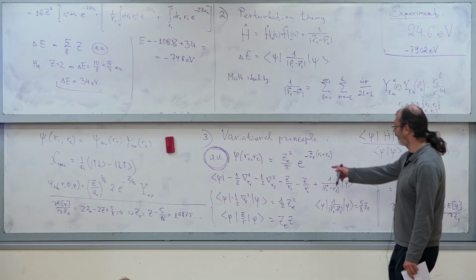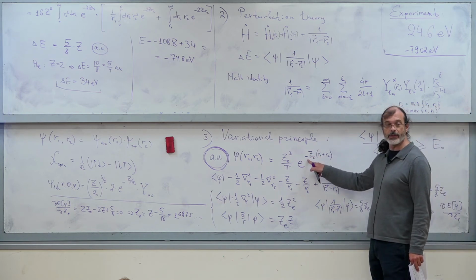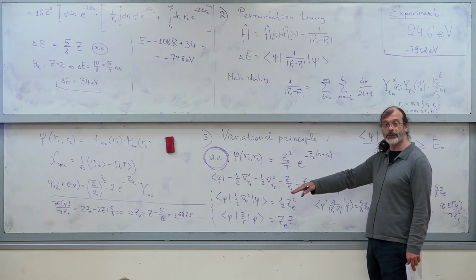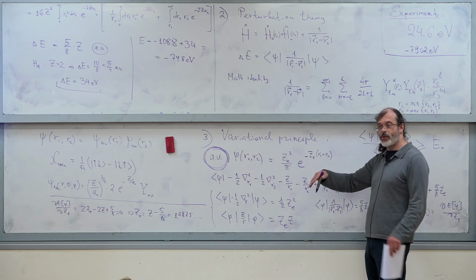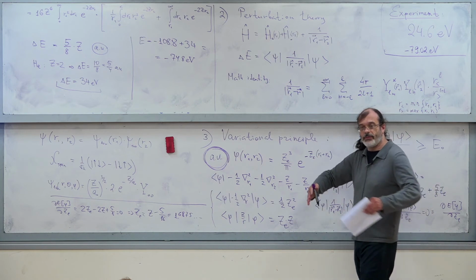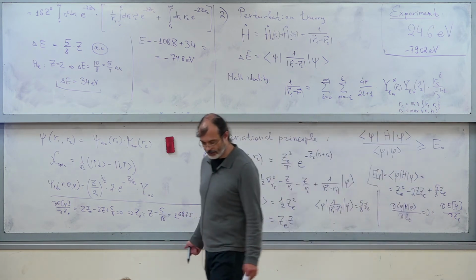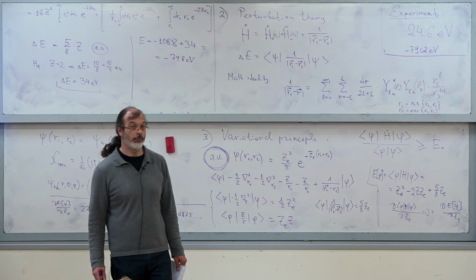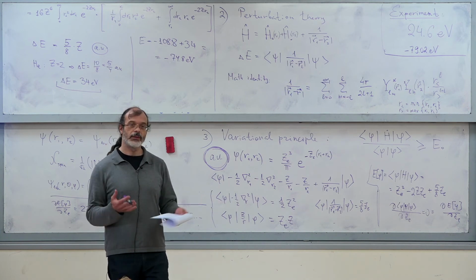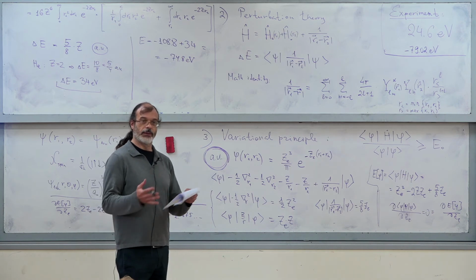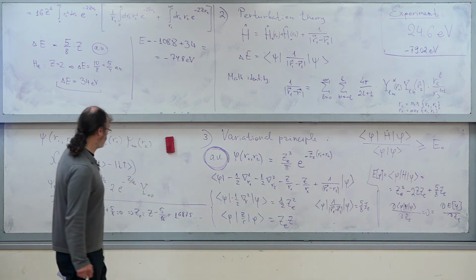Because this ZE is in the exponential, so instead of decaying with the rate of 2, it decays with the rate of 1.5. So we get a wave function a bit larger than the hydrogenic wave function, which is also reasonable because we know that the electrons repel each other. Okay, so that's something that takes together with everything.